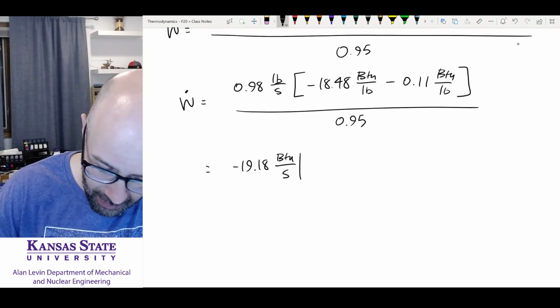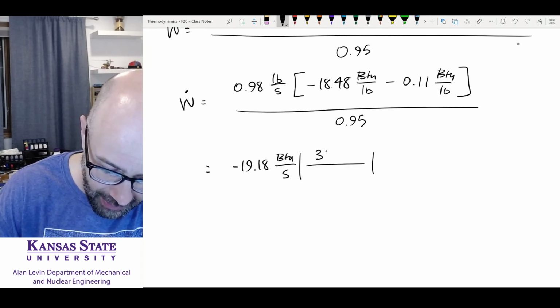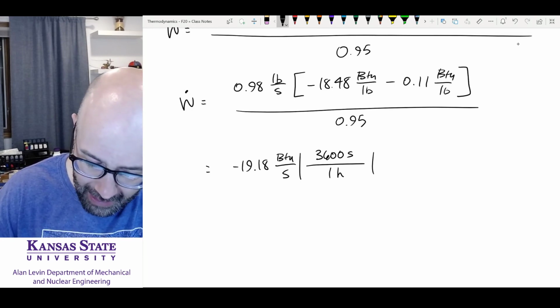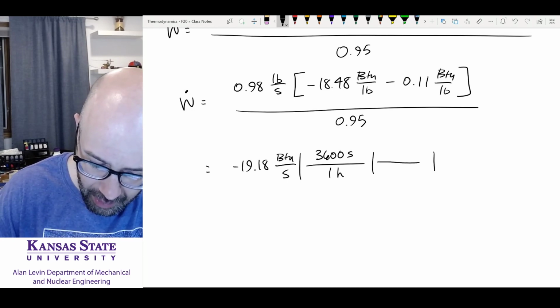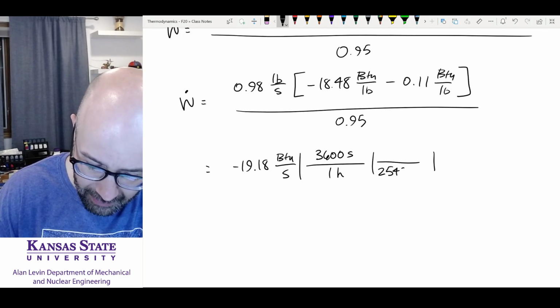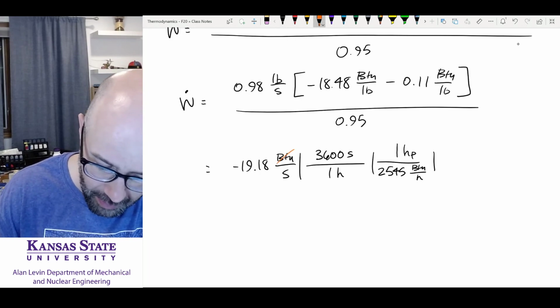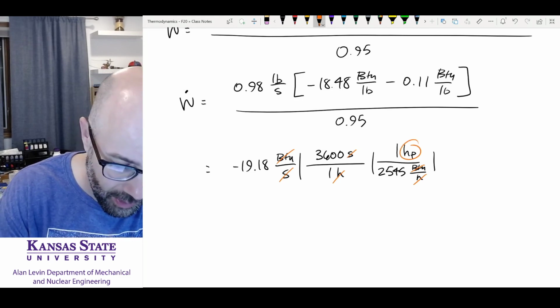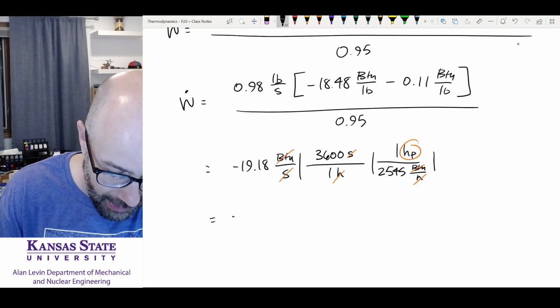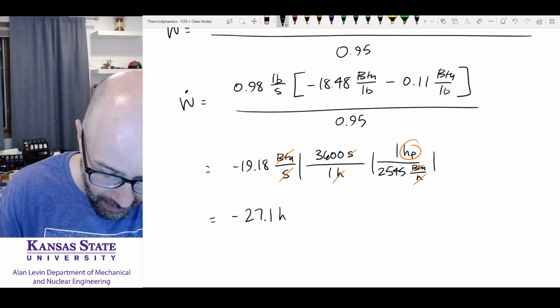So there are 3,600 seconds in 1 hour, and there are 2545 BTUs per hour in 1 horsepower. And this is all going to cancel out. BTUs, seconds, hours, horsepower. Our units are okay. And this is going to be a negative 27.1 horsepower.